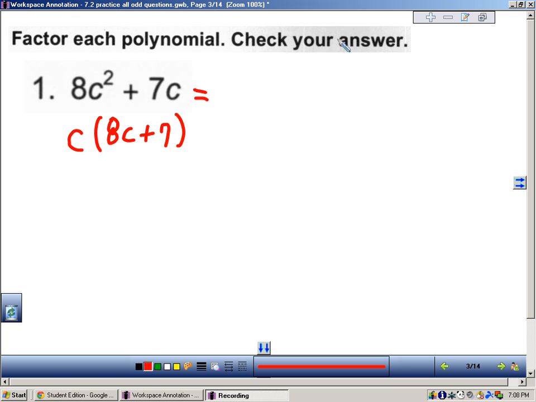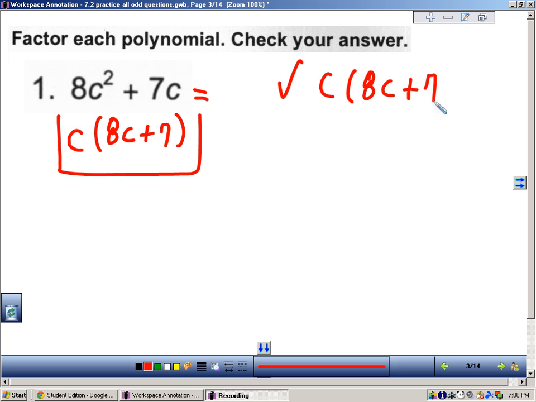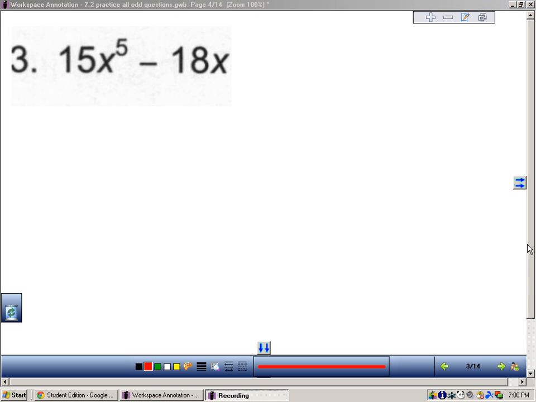And if you check your work, checking your work involves just looking at the original expression and doing the reverse of factoring, which is the distributive property, and verifying that you end up with the original polynomial. And it's true. You see that? So it checks out. Next question.